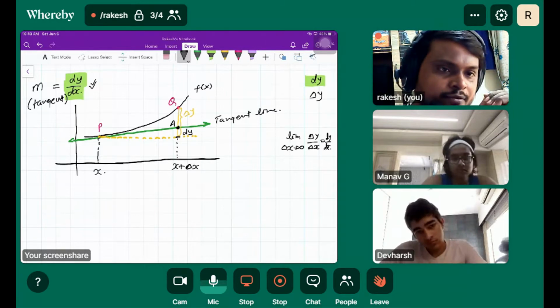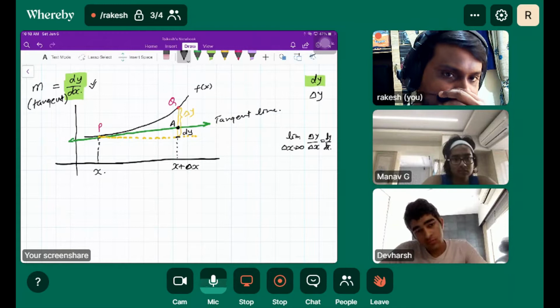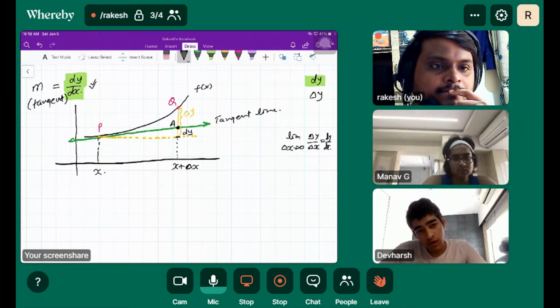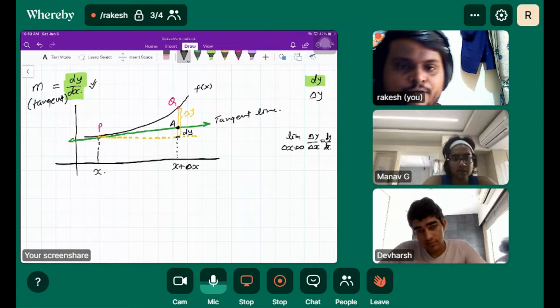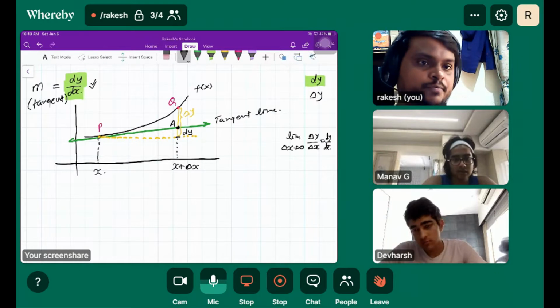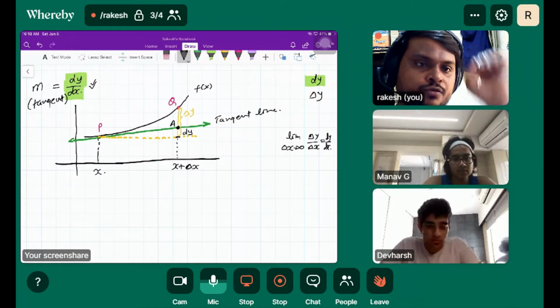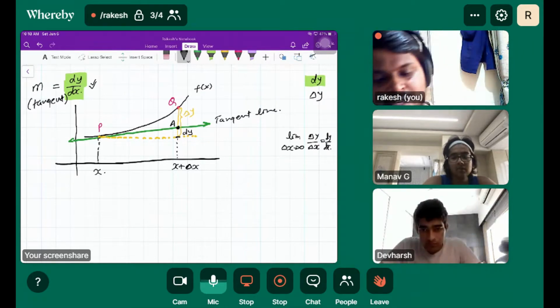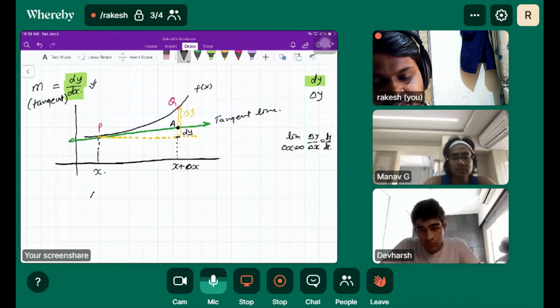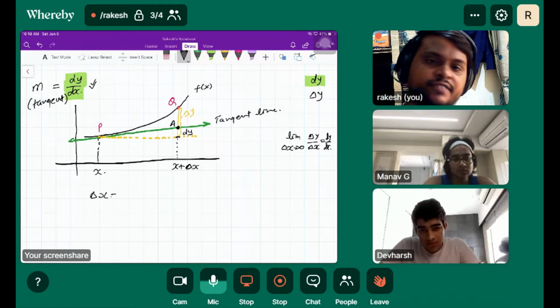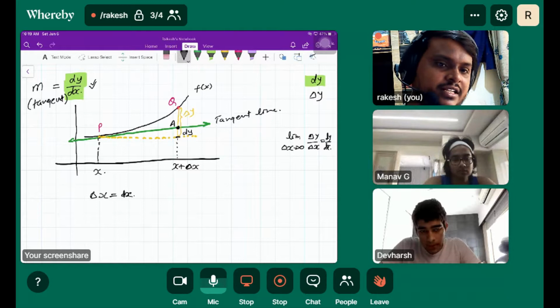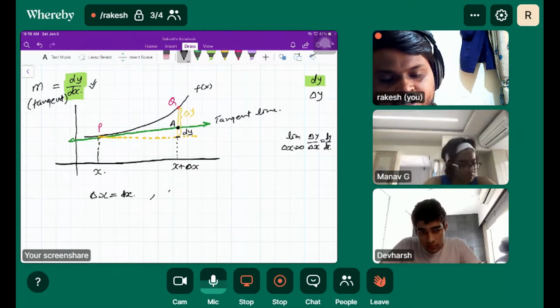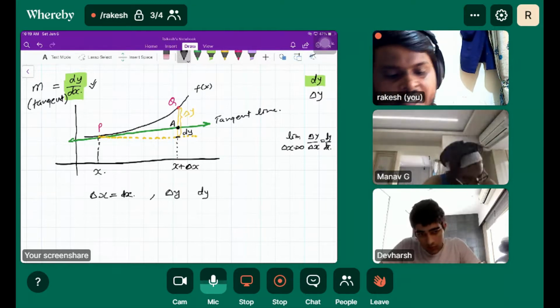Delta x. From P to Q, along the curve, what is the change in x? Same. So it means delta x is the same as dx, right? That we can say. But what about delta y and dy? Are they the same?